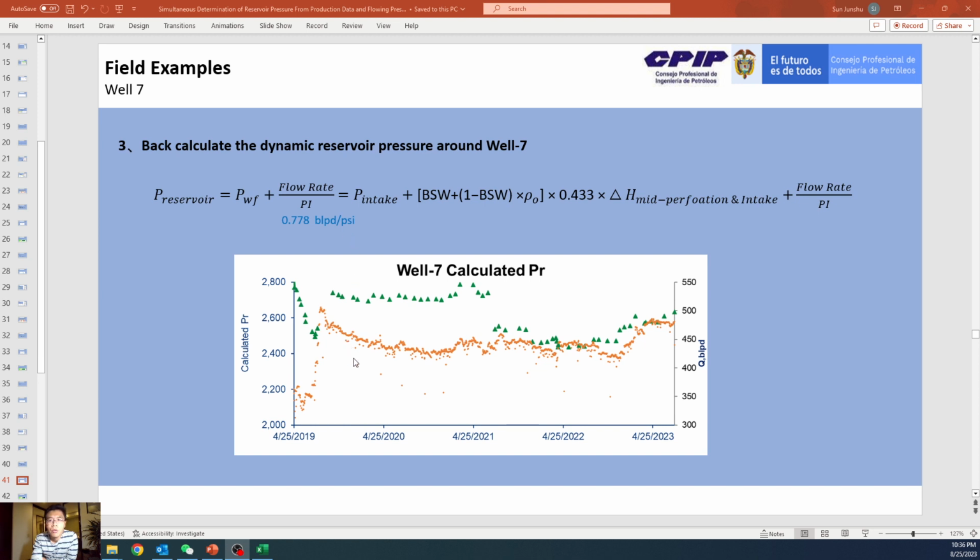Using this equation, we back calculate the average reservoir pressure around the well 7 wellbore. The green points represent this. So currently we estimate the reservoir pressure around well 7 is around 2070 psi.